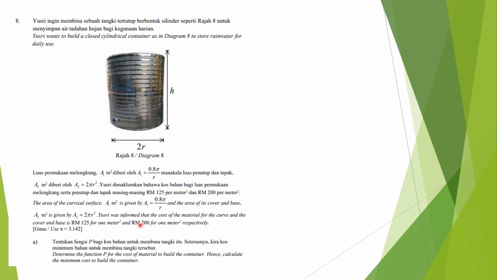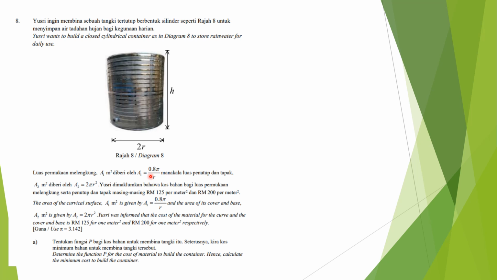Yusri was informed that the cost of the material for the curve and the cover and base is 125 ringgit for 1 meter square and 200 ringgit for 1 meter square respectively. That means the curved surface part is 125, the circle part is 200. The question is: determine the function P for the cost of material to build the container. Hence, calculate the minimum cost to build the container.